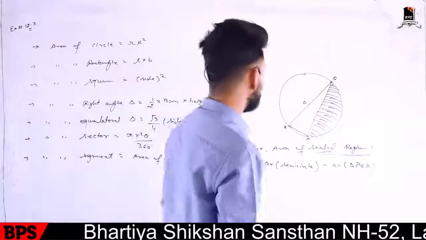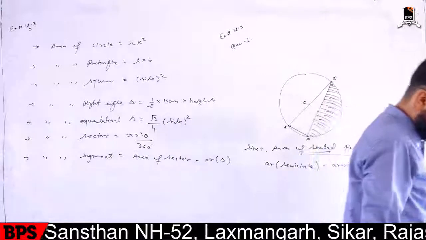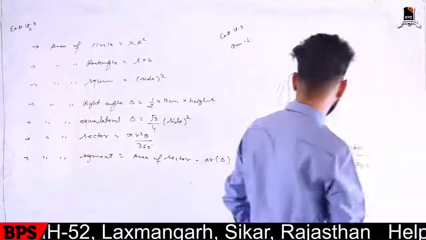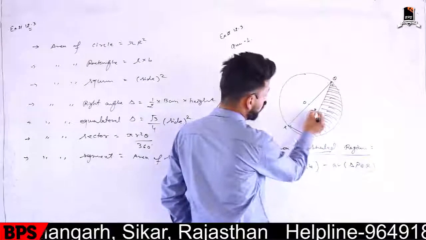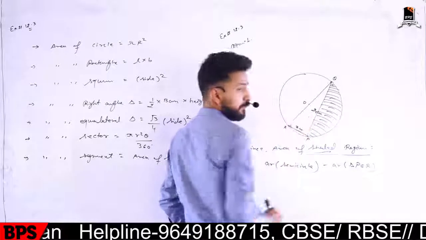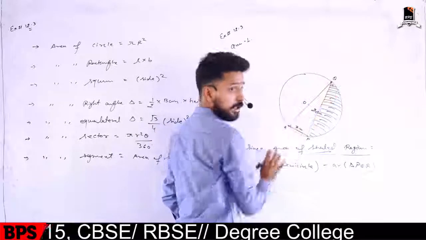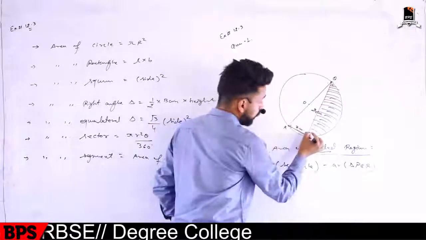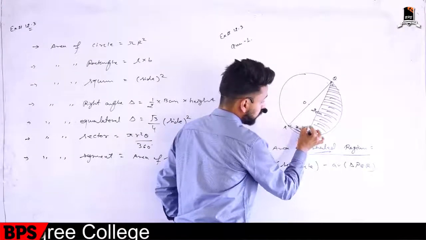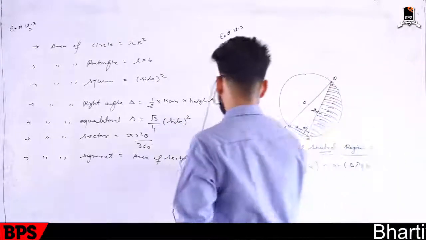First we have to find the radius of the circle. According to the question, PQ is equal to 24 centimeter, and RP is equal to 7 centimeter. So then find the RQ, because that is a right angle triangle.